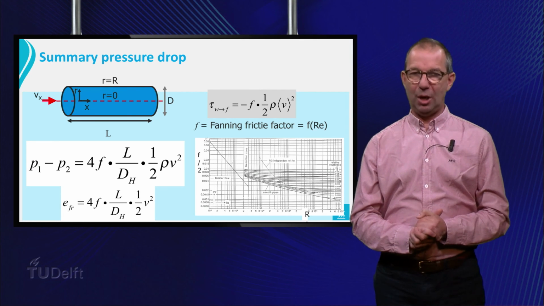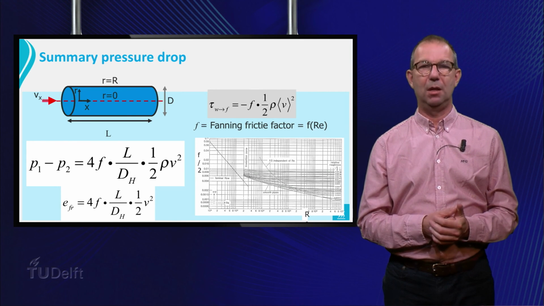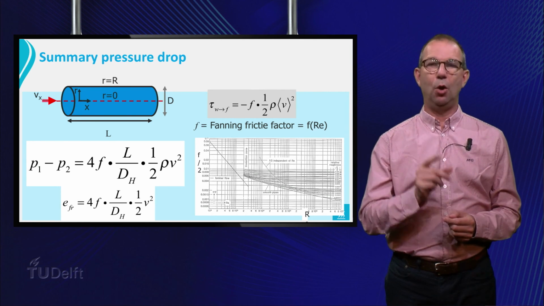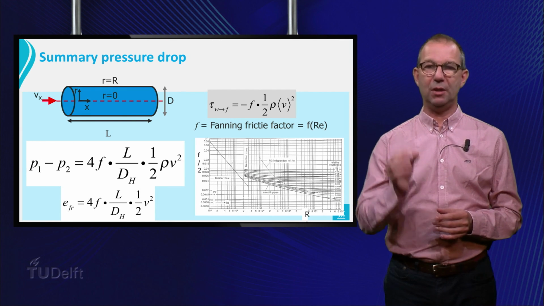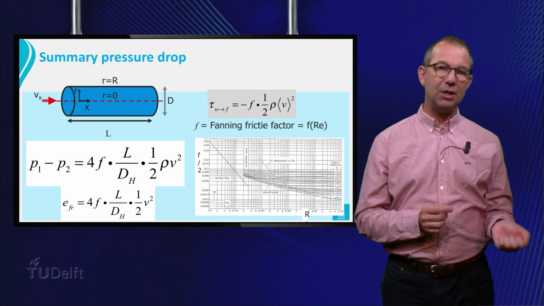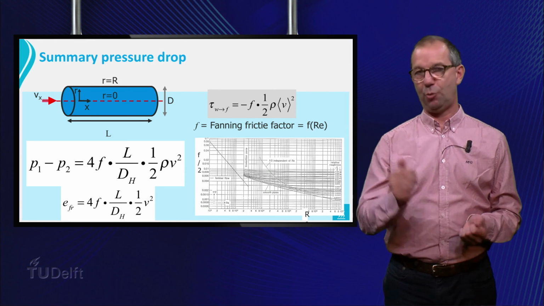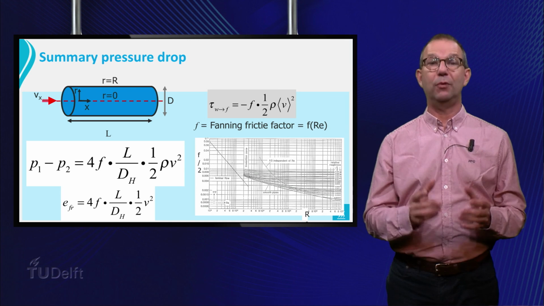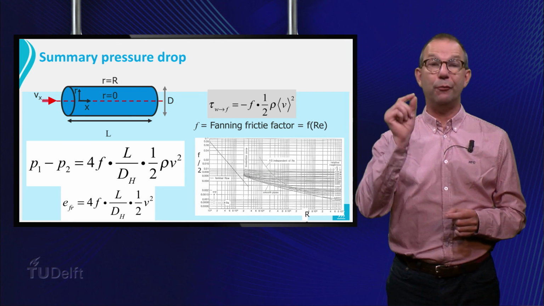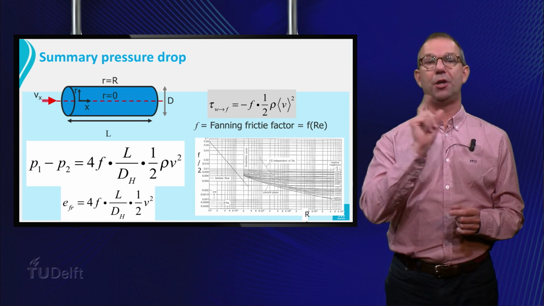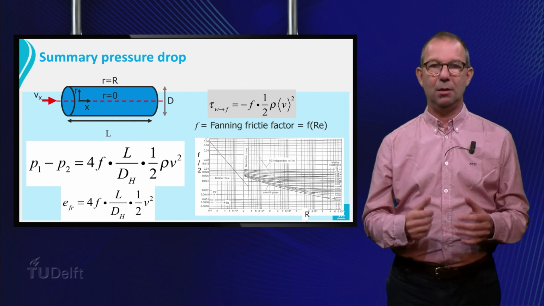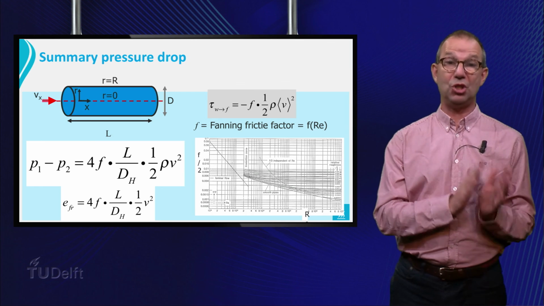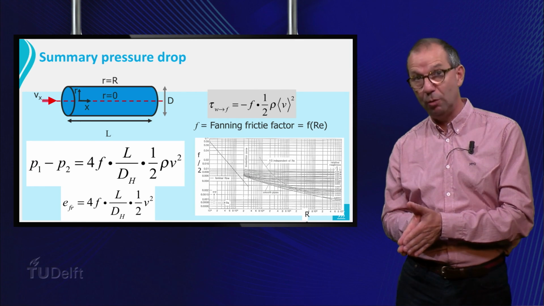Okay, let's summarize today's lecture. We modeled the pressure drop over a straight pipe and found that the shear at the wall could be written as tau equals minus F times half rho V squared. With F, the fanning friction factor, which is a function of the Reynolds number and not a constant. Next, we made a steady state momentum balance which reduces to the sum of forces must be 0.